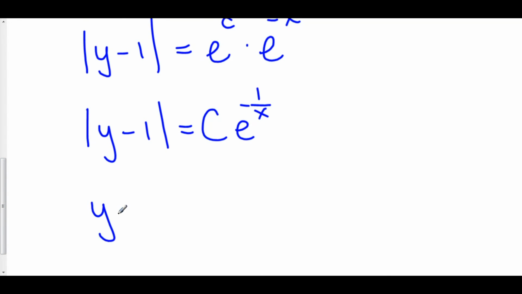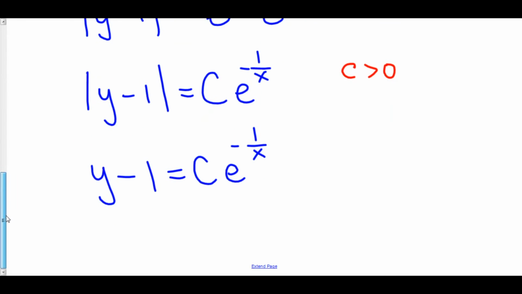So we have y minus 1 is equal to c e to the negative 1 over x. Now let's make a little note over here that we want c to be positive. Okay. Now at this point we can plug in our initial condition in order to solve for c.